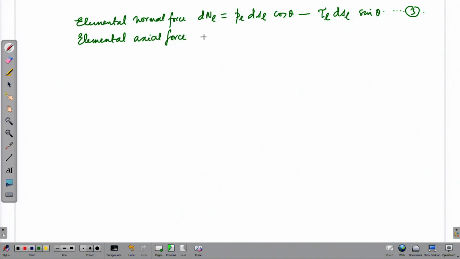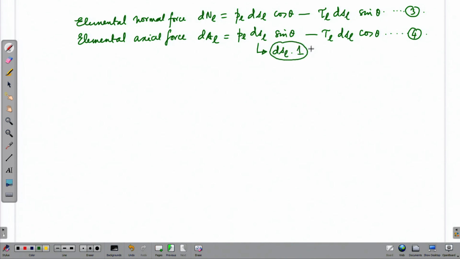So, we have these two equations for elemental normal and axial forces, where the pressure on the lower surface is indicated by P L, shear stress by tau L, and pressure and shear stress work on elemental area. Though it shows up as a length, as we mentioned earlier, it takes care of the area aspect by considering unit span. So, what you get out of this essentially is an area. So, dimensionally they are consistent.